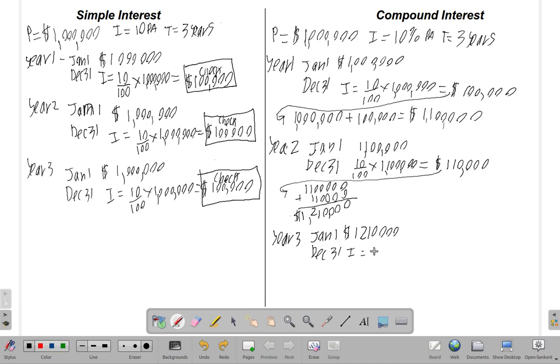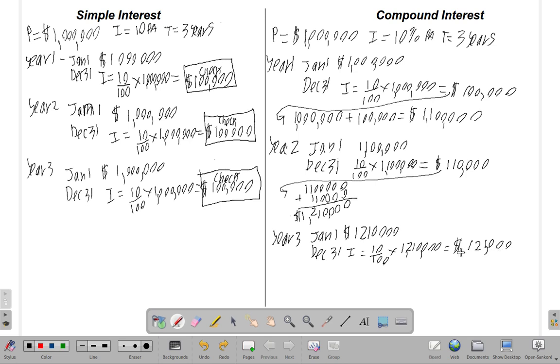The interest you get is 10% off the latest money you had, $1,210,000, and what you get as interest is $121,000. All right, so 10% of $1,210,000.